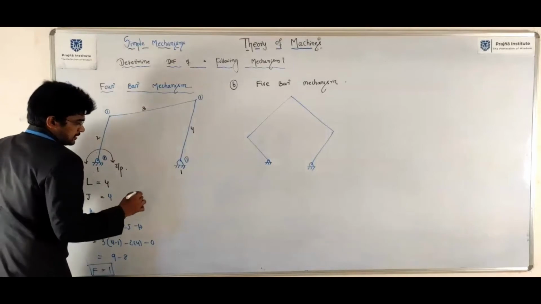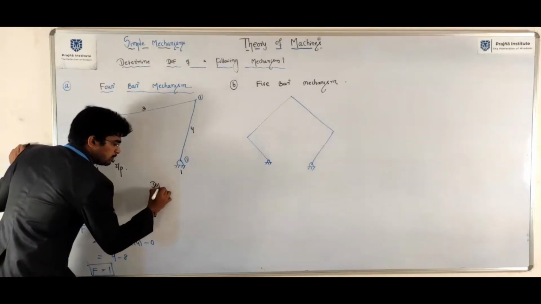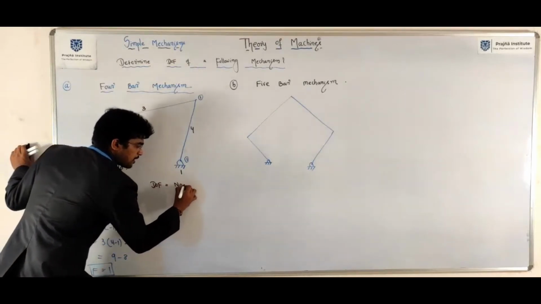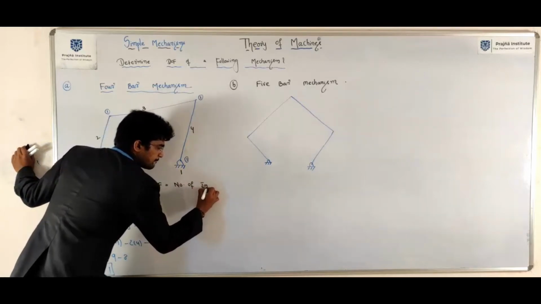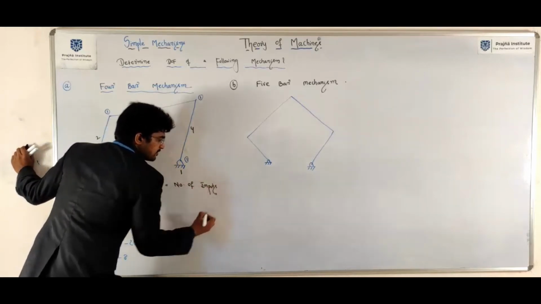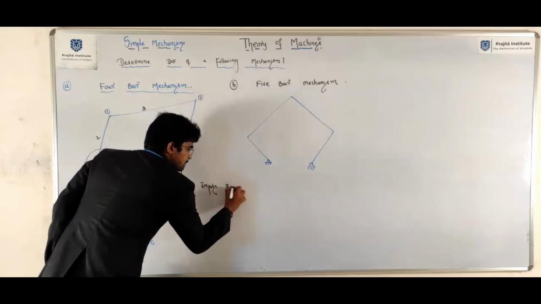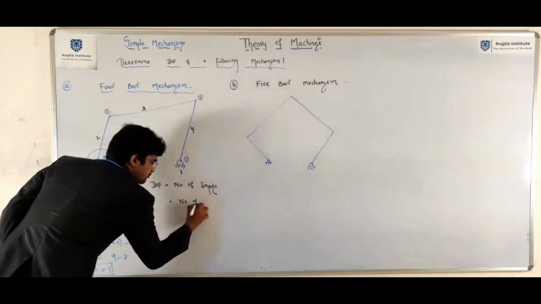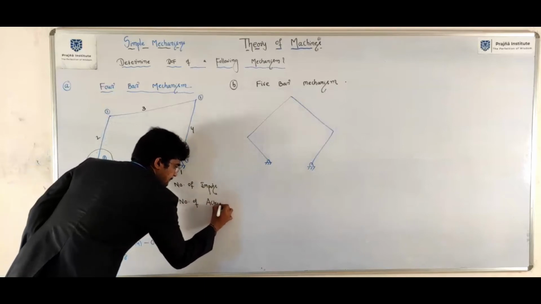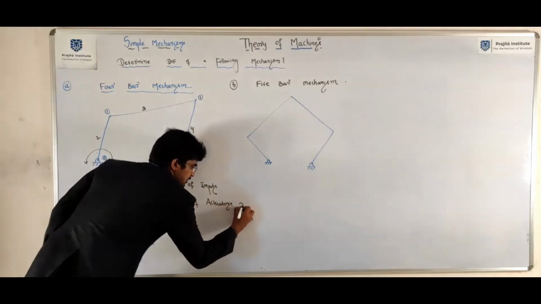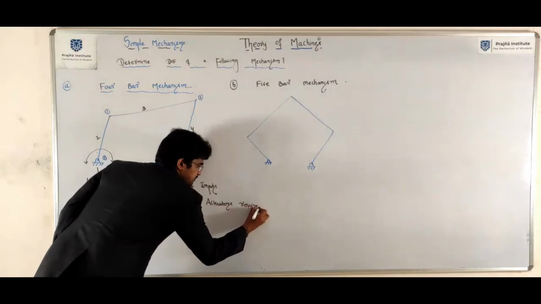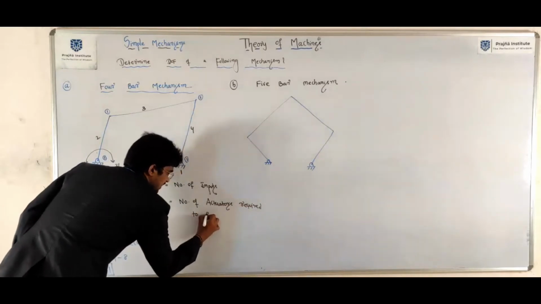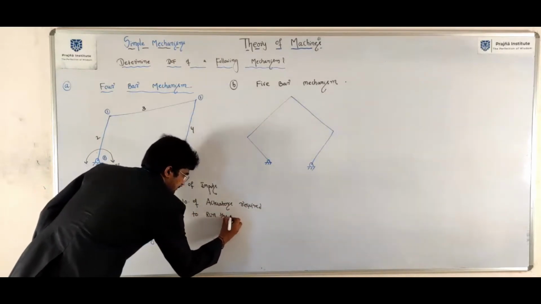So degree of freedom is equal to the number of inputs, the number of actuators, required to run the mechanism.